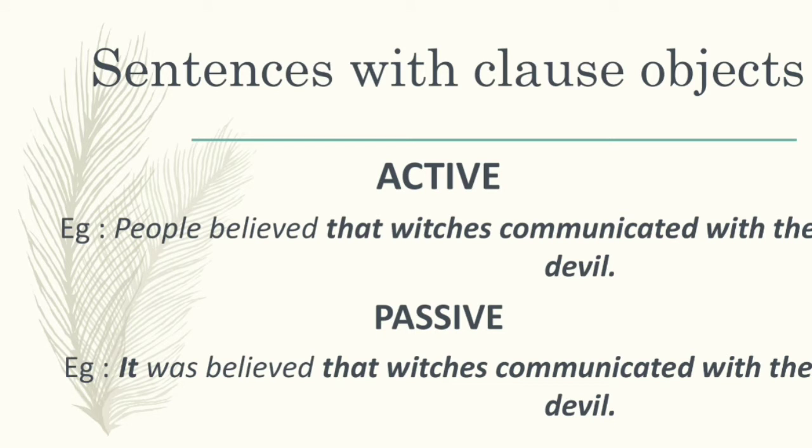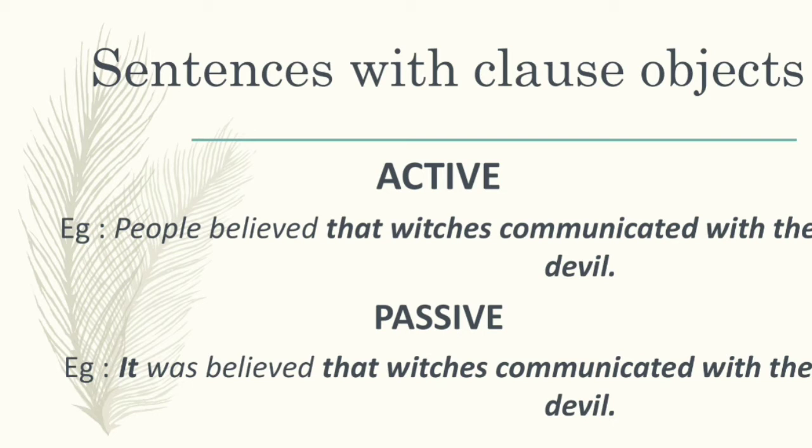Sentences with clause objects. So, the object of a sentence can be a clause. The second part after the main clause, a sentence which is connected by a conjunction, that is clause. I have described it in the previous class.